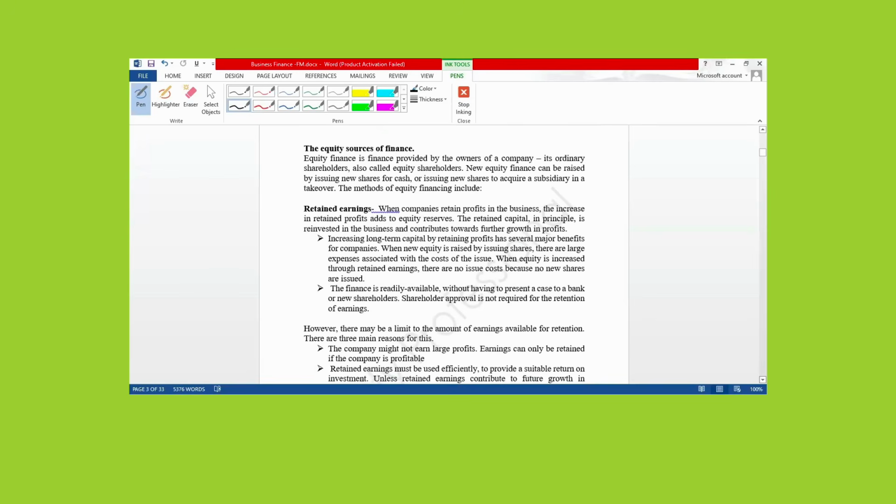Companies' retained earnings is part of the company's profits that is retained and reinvested in the business.